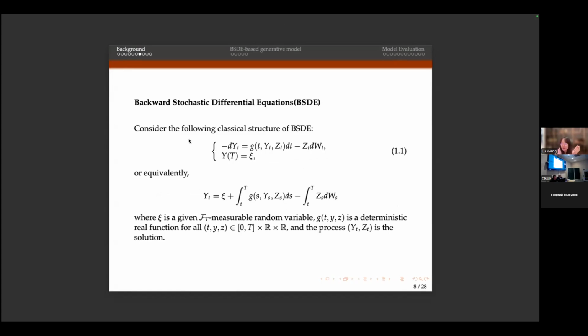We can see that this equation describes the evolution of Y_t. But it is not forward in time, it is backward in time. That is why it is called backward stochastic.